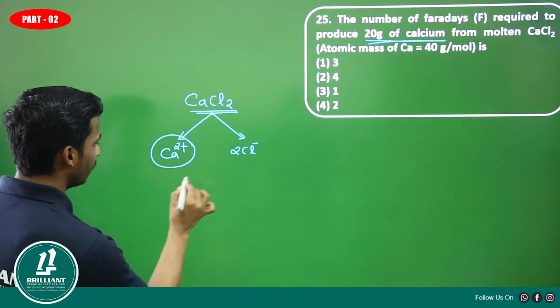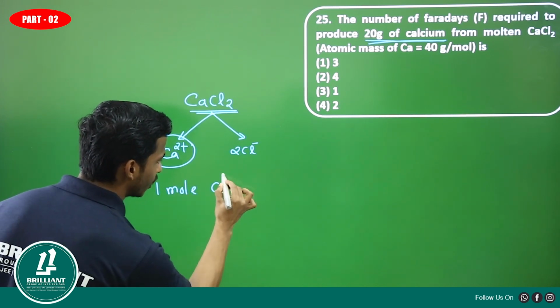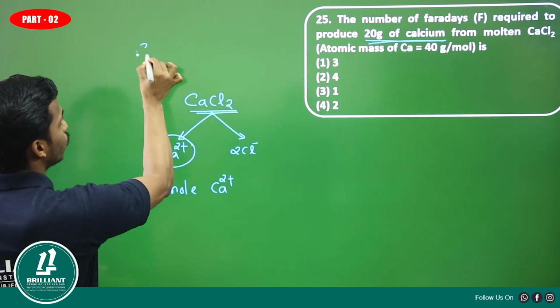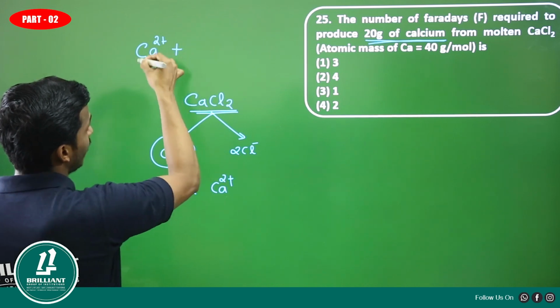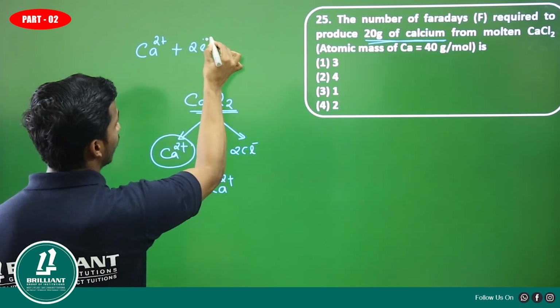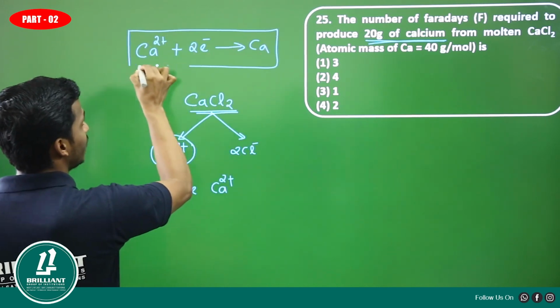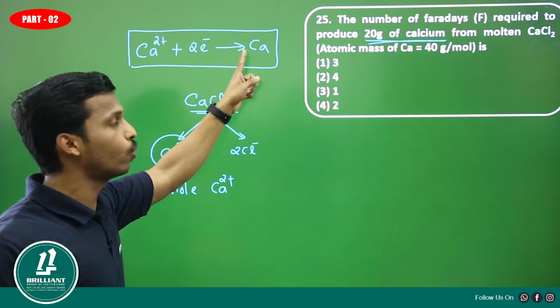Ca2+ can gain 2 electrons and convert into Ca. Correct or not? 1 Ca2+ ion can gain 2 electrons and convert to 1 calcium.